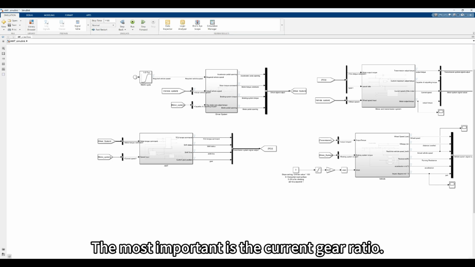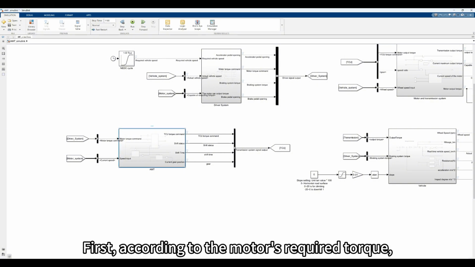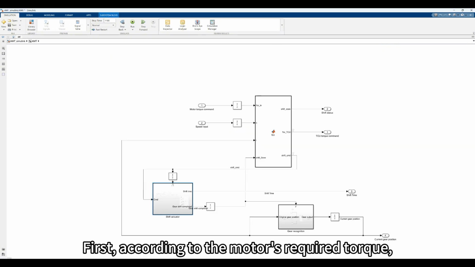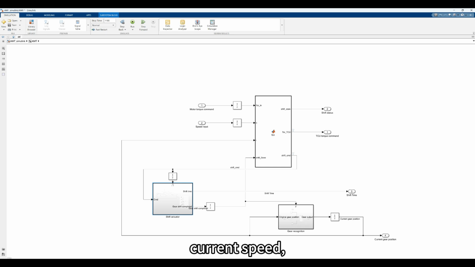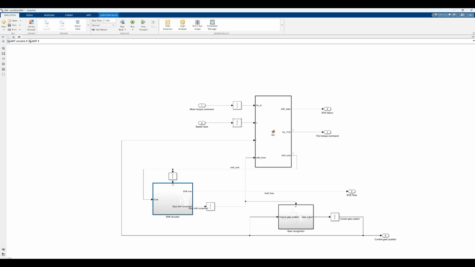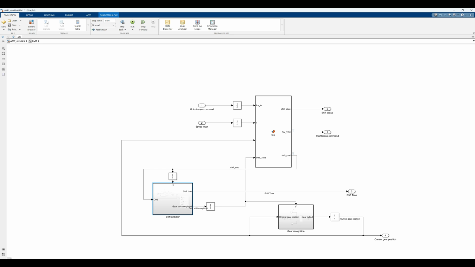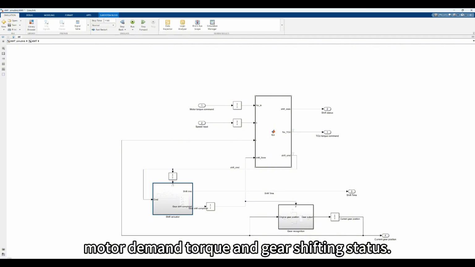The most important is the current gear ratio. First, according to the motor's required torque, current speed, the current gear ratio, and whether the shift is completed, the state is input. The shift command is obtained through calculation code. Motor demand torque and gear shifting status.